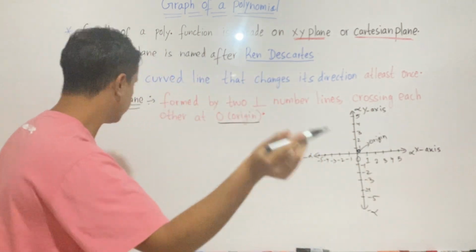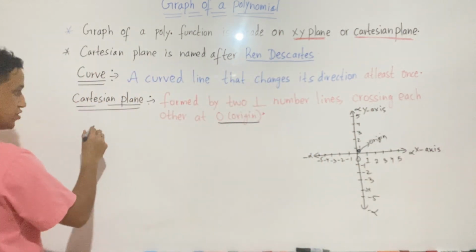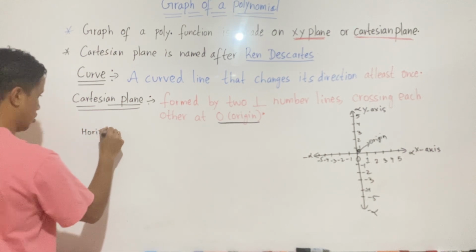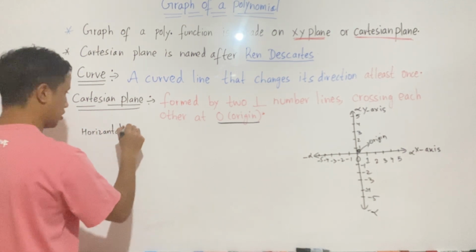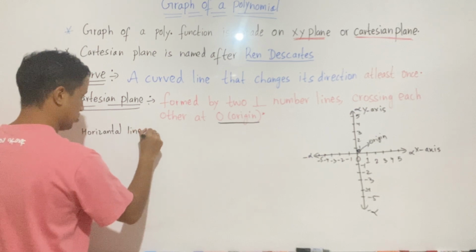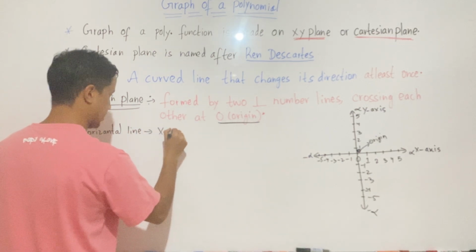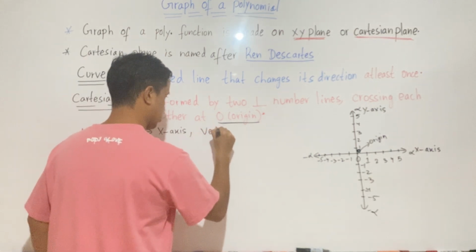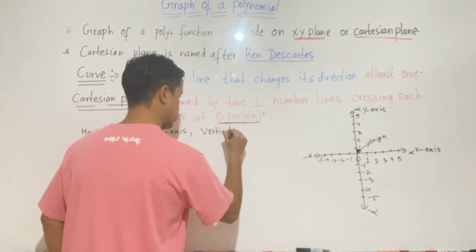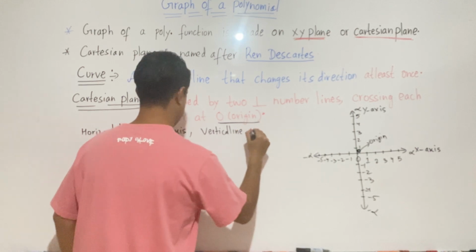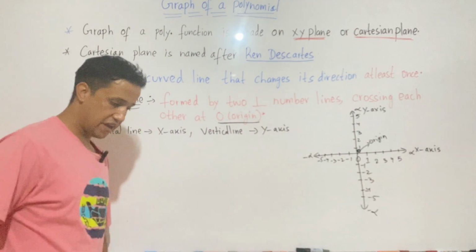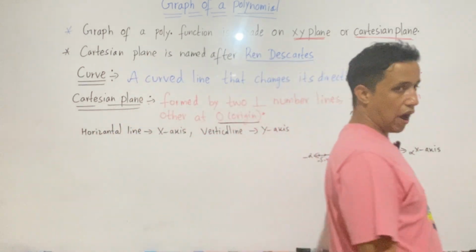If you don't know, you can say the horizontal line is the x-axis, and the vertical line is the y-axis.